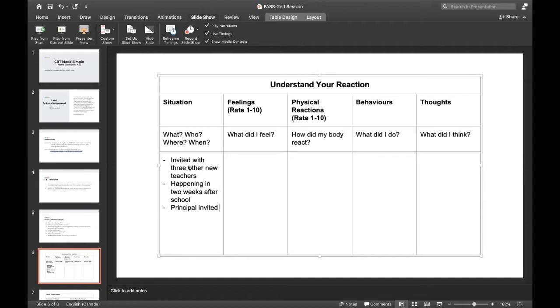Yeah, I remember. Okay, that's great. What are your feelings about going to the principal's barbecue? I just don't want to go. Okay, I hear that you don't want to go, but I'm wondering what your feelings are when you think of the invitation? I don't know, a mix of emotions, I guess. Okay, well, feelings are usually expressed in one word.